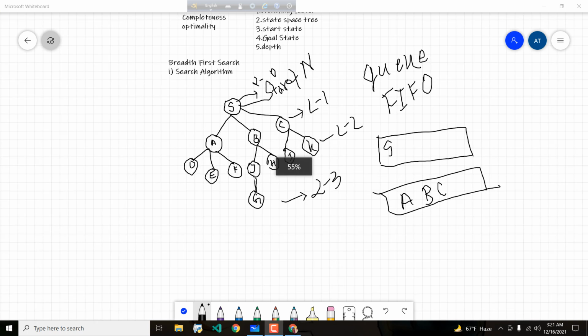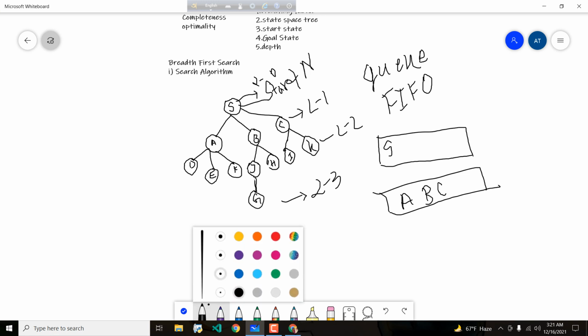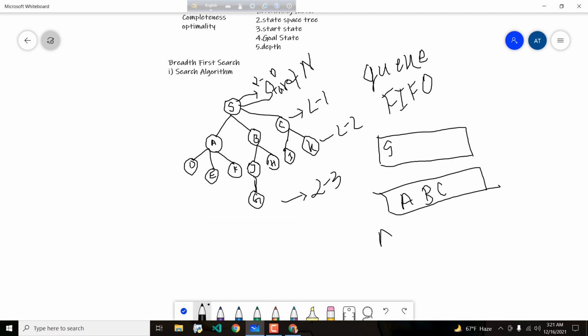So now what we are going to do is expand a node from here. We are going to expand node A. This was the first element in the queue, so we are using FIFO.